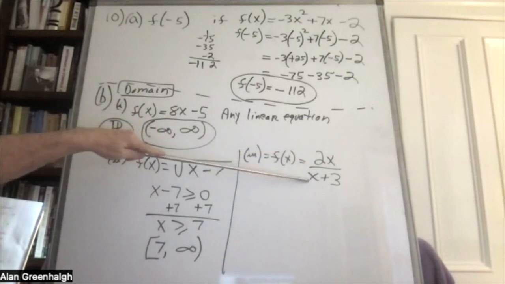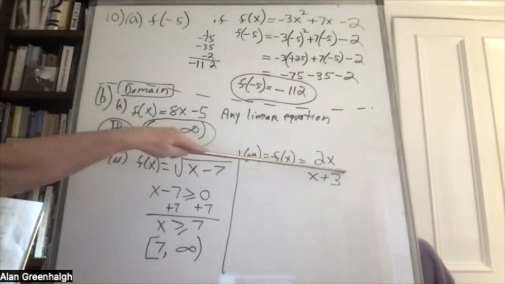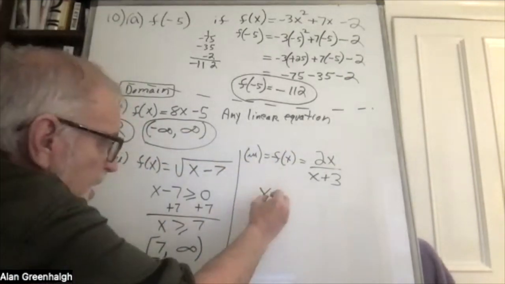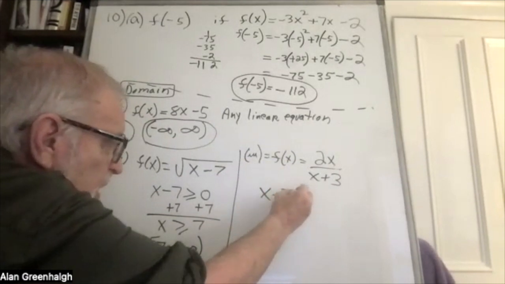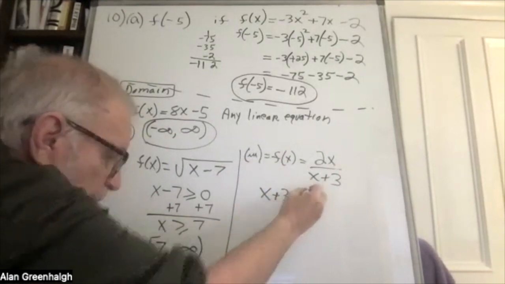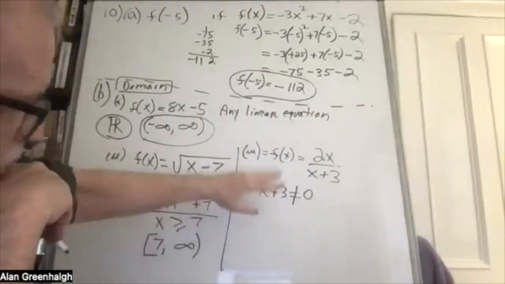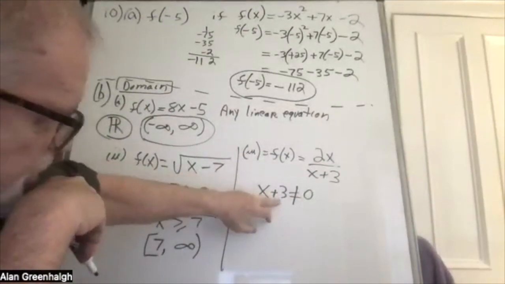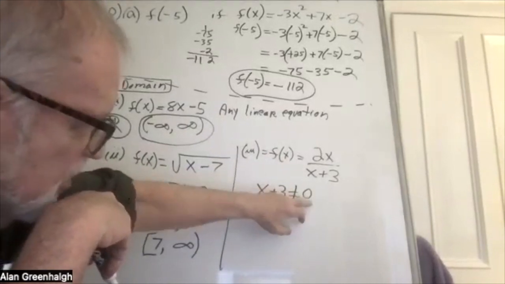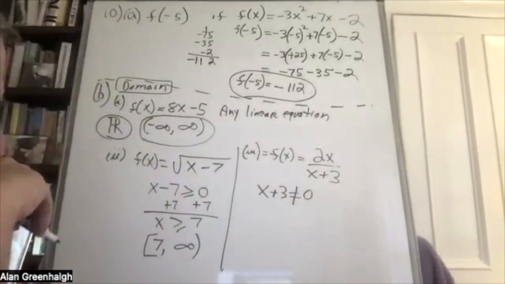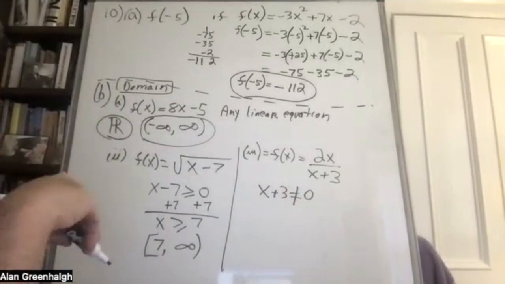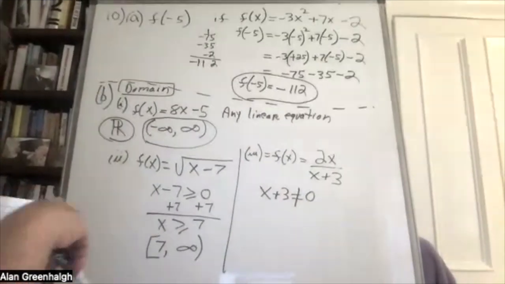So the domain will be when x plus 3 does not equal 0.